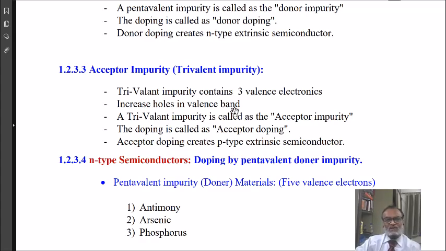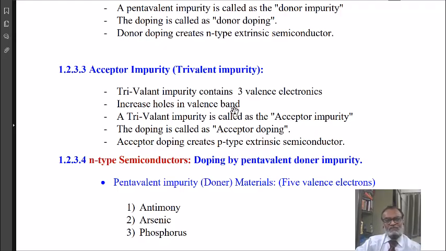This means there is a strong tendency of attracting 1 electron in the covalent bond, and this strong tendency of attraction is called a hole in the valence band. So, one acceptor atom addition gives rise to 1 hole in the valence band in the doped semiconductor.